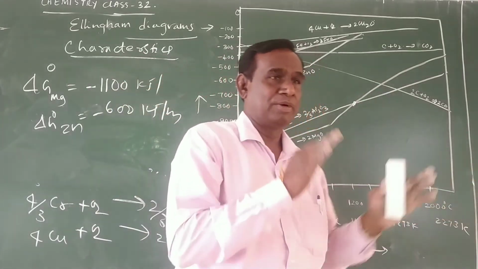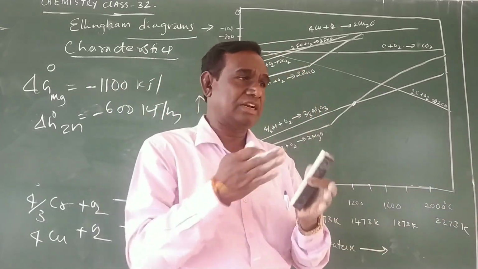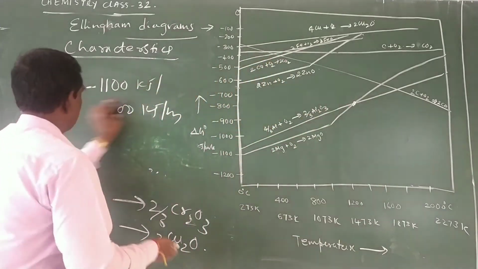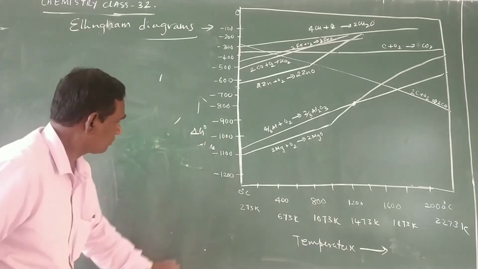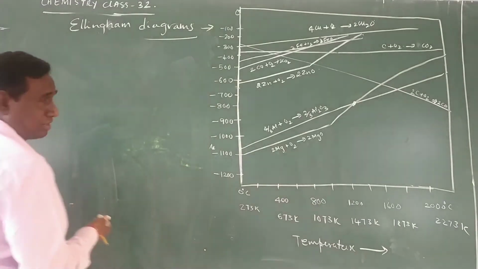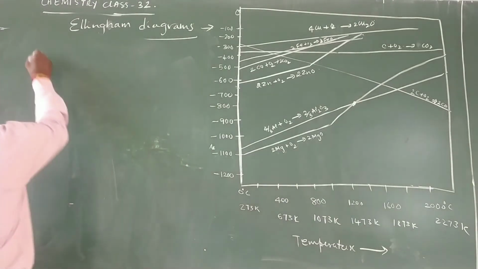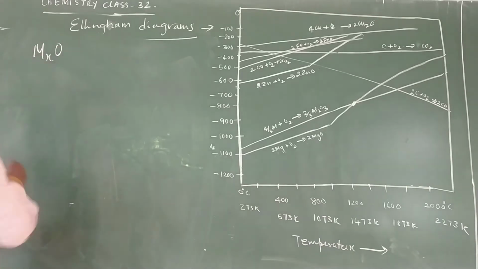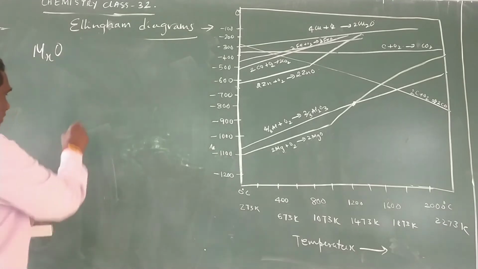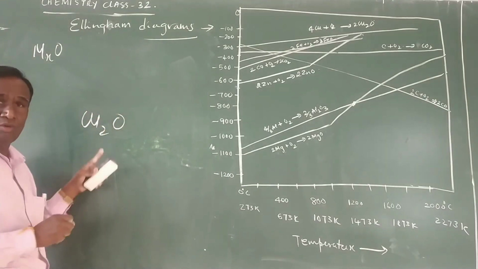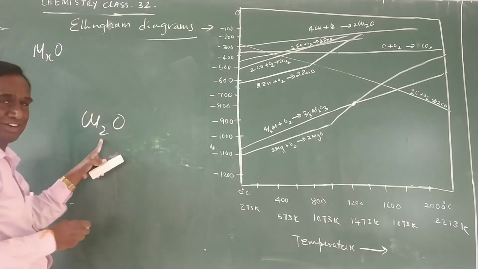into their respective metals. So you have to select. For example, I will show one example for this. Generally, a metallic oxide is shown by a general equation for reduction. For example, I will take MxO. This is a metallic oxide, for example Cu2O. What is x here? 2.